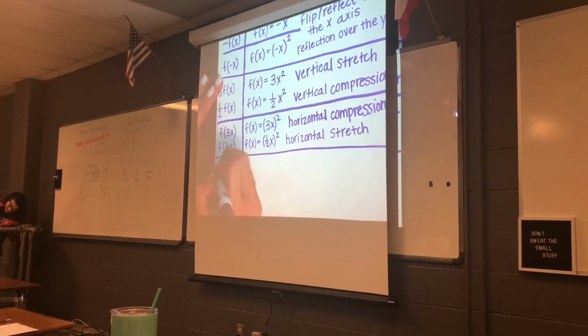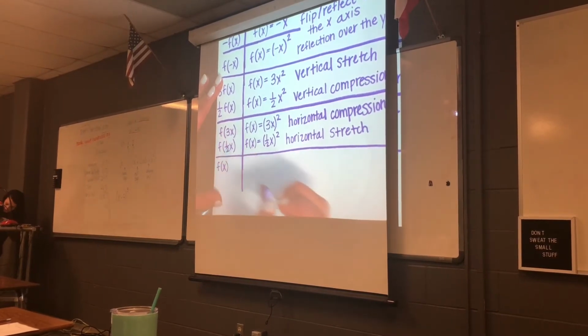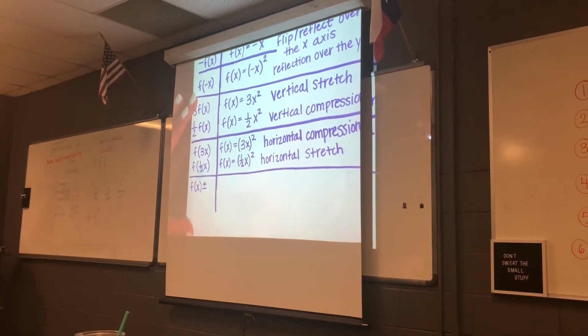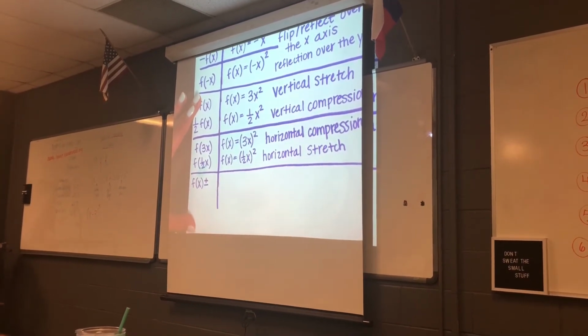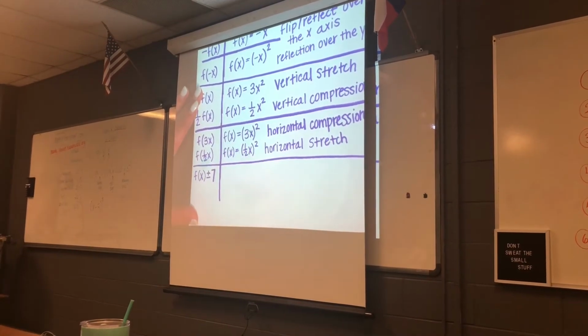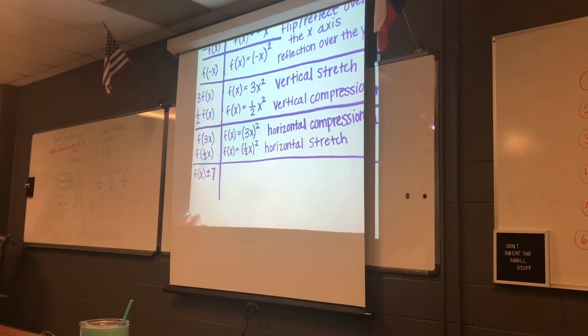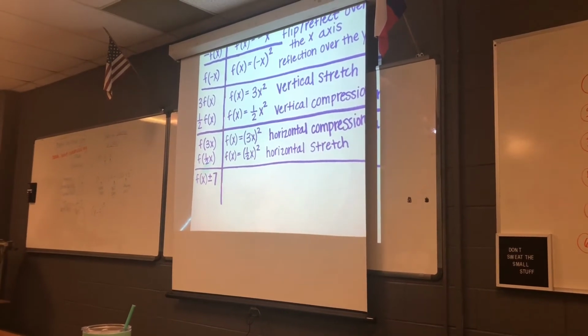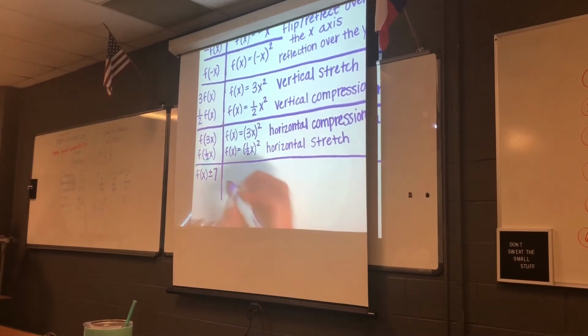Next, so this would be written something like this: f of x plus or minus 7. If it is hanging off the end like that, what does that tell you about how it is going to shift?